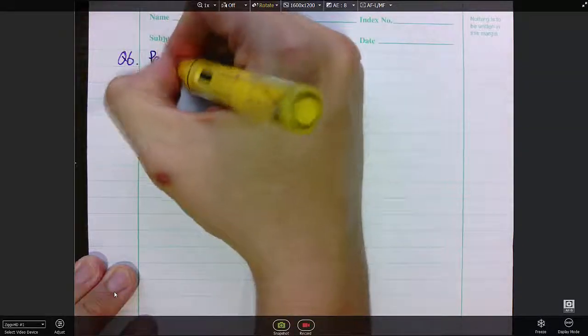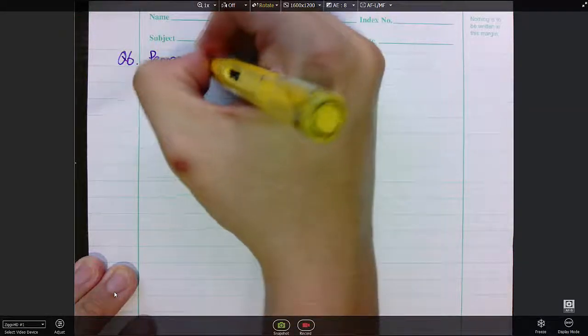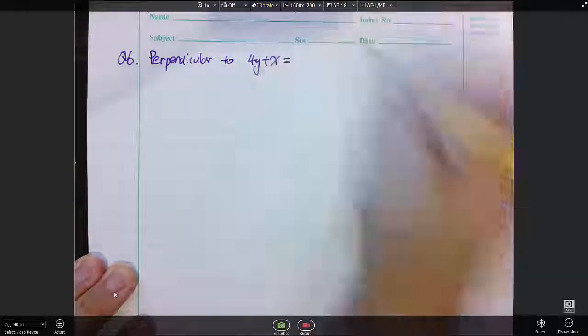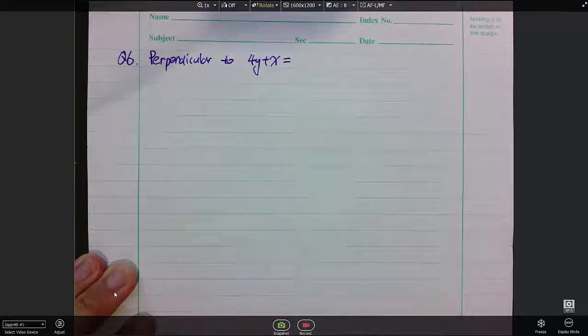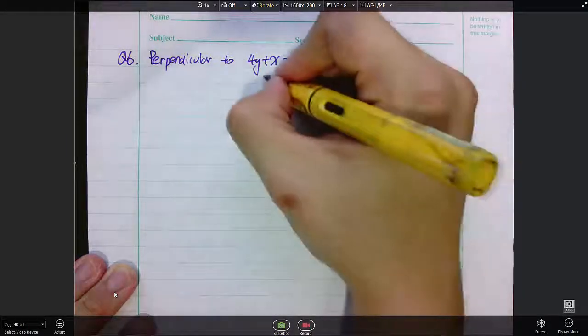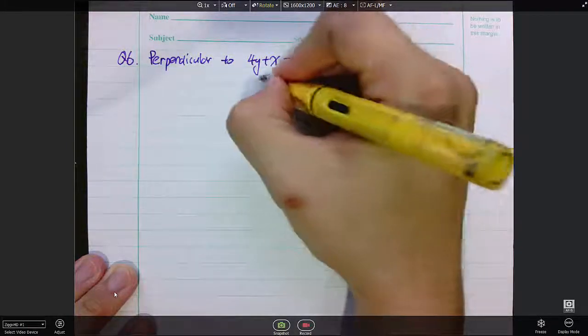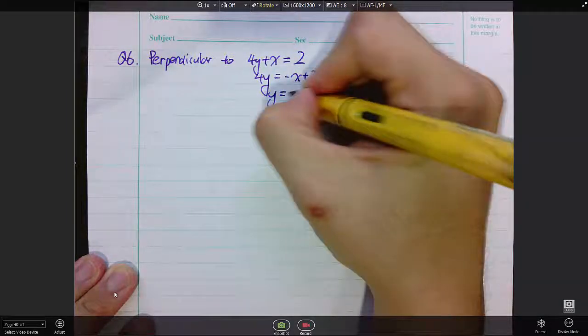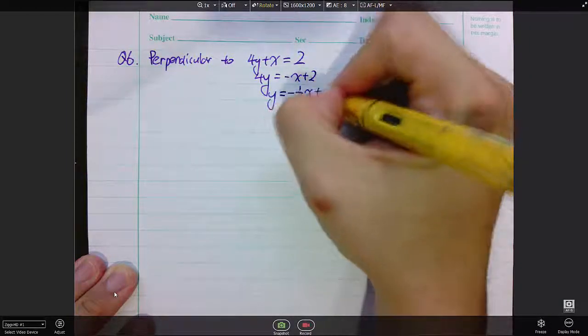So first I write down perpendicular to 4y plus x equals 2. I get 4y equals negative x plus 2, y equals negative 1/4 x plus 2.